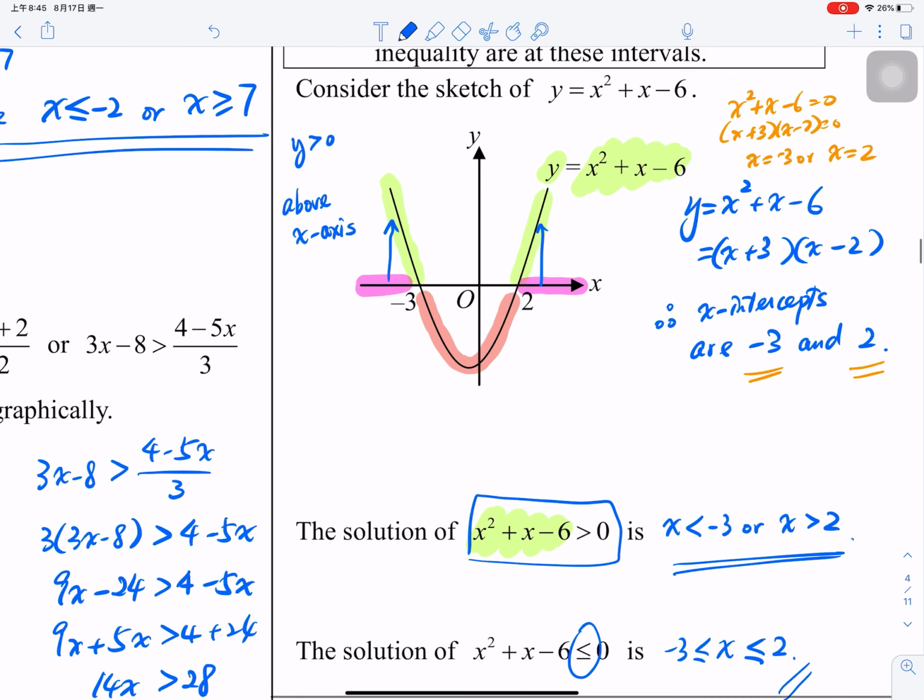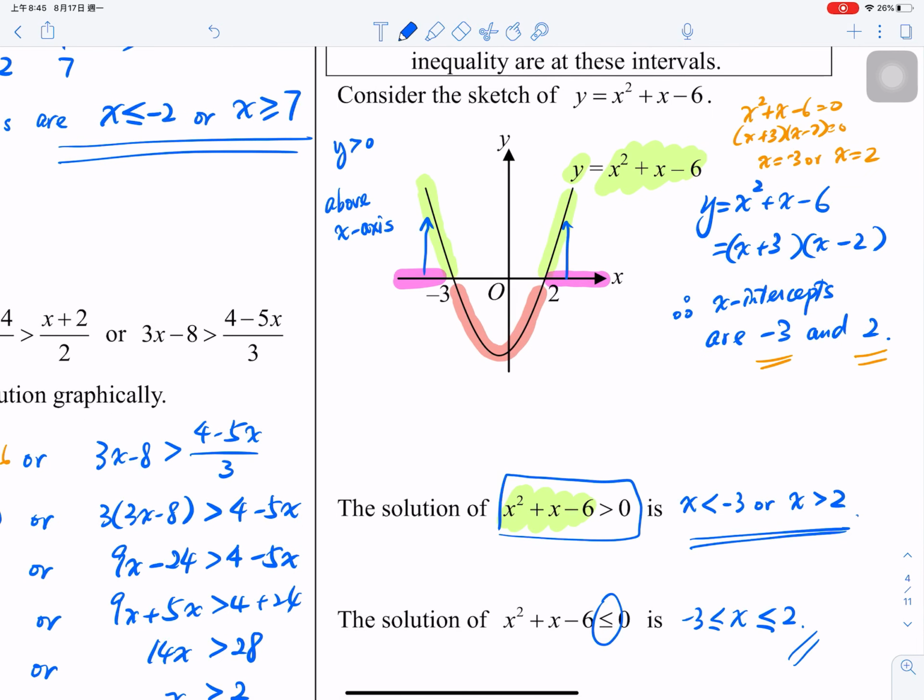So when you sketch the graph of the quadratic function, that means like this. Get the x-intercepts, that means these 2. Afterward, you can solve the quadratic inequalities. If greater than 0, then the answer for x will be the two sides of the x-axis.